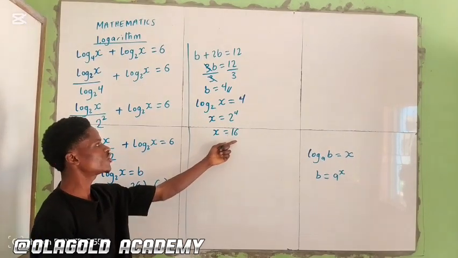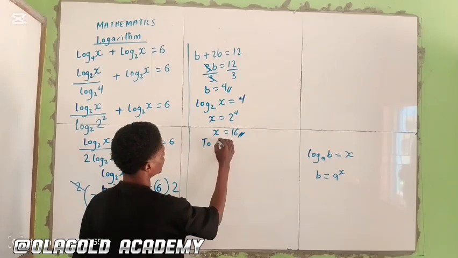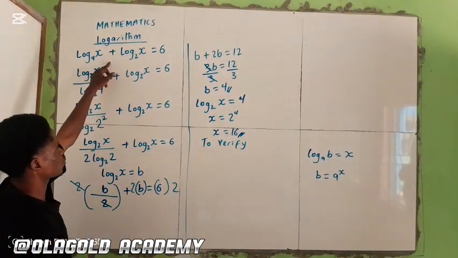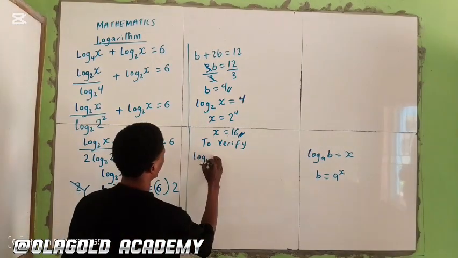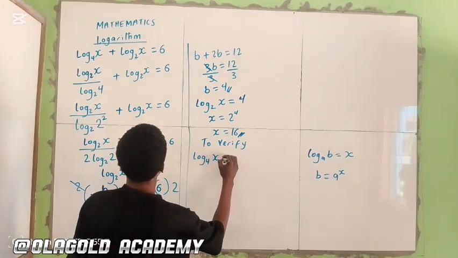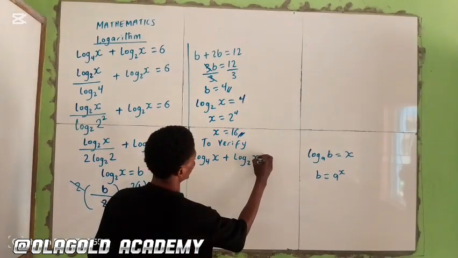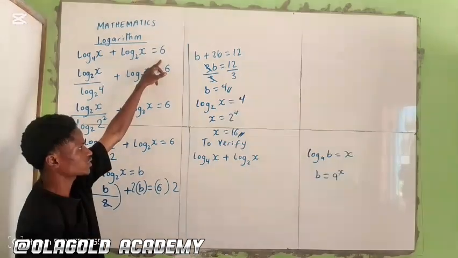Now to confirm if my answer is true, to verify, let me bring my equation here. I'm going to have log 4 of x plus log 2 of x, and I'm going to confirm if I really get 6.